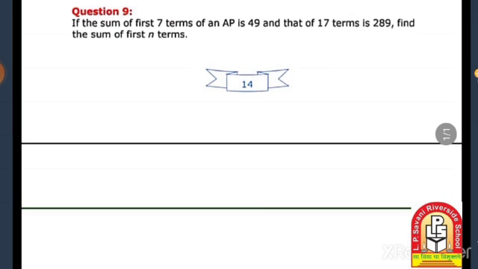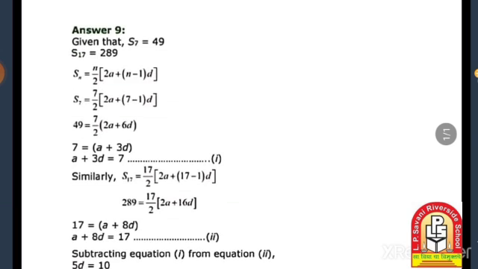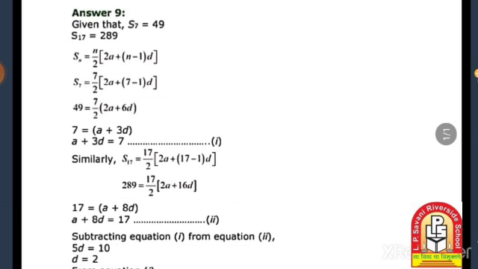Question number 9. If the sum of the first 7 terms of an arithmetic progression is 49 and that of the first 17 terms is 289, find the sum of the first n terms. So S7 is 49 and S17 is 289.